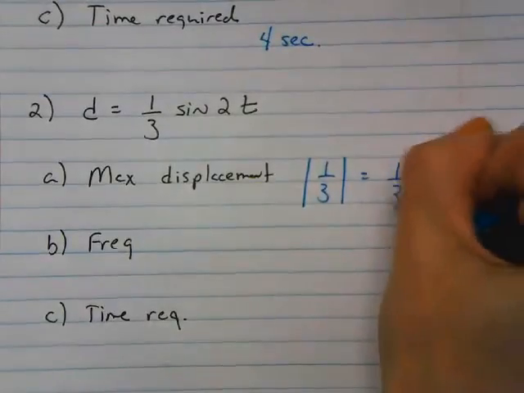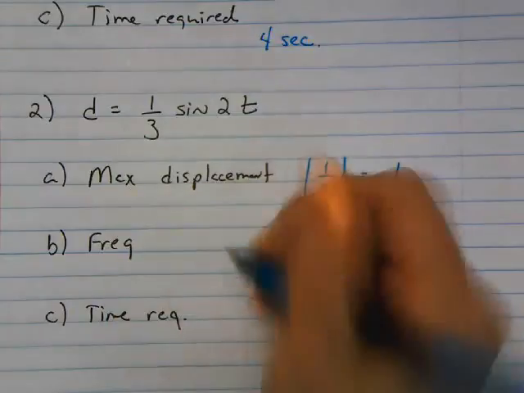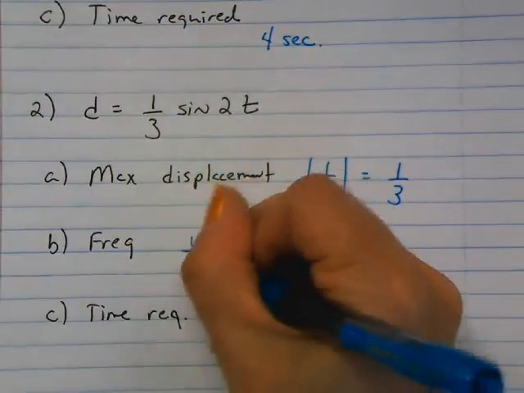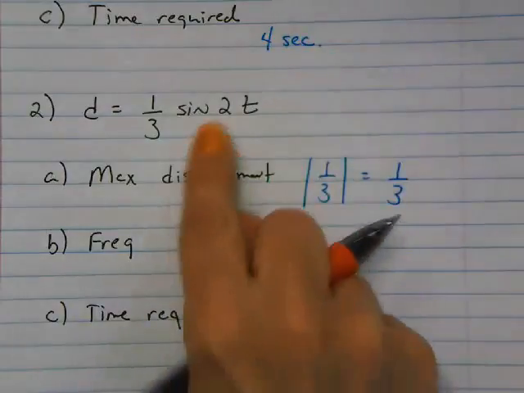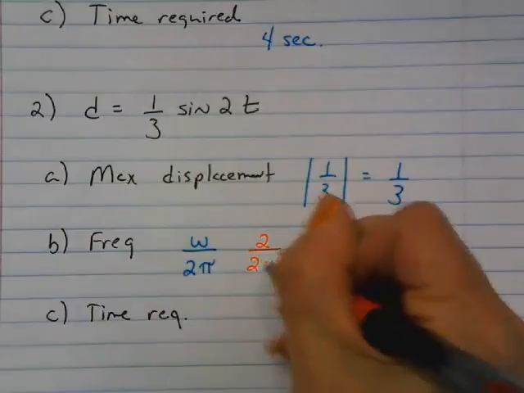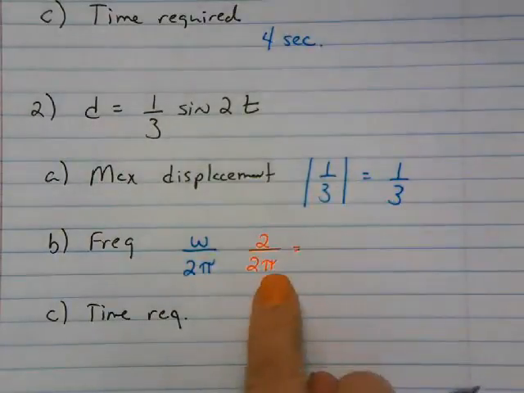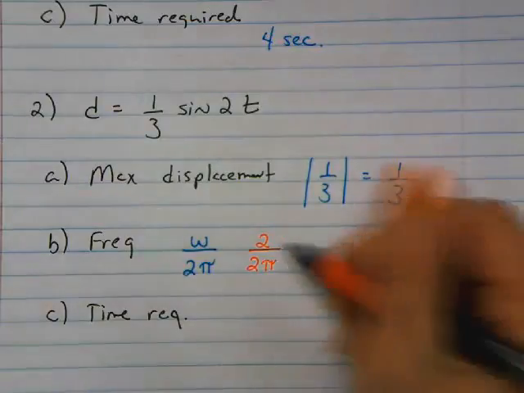To get the frequency, I know that it is W divided by 2 pi. So let's fill in. What is W? W is right there, 2 over 2 pi. Now what's weird is that your pi's aren't going to cancel this time, but that's okay. You've got a calculator. We're going to go ahead and use it.